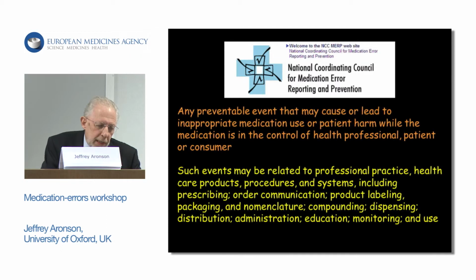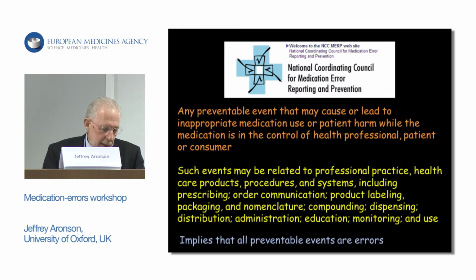The National Coordinating Council for Medication Error Reporting and Prevention says that a medication error is any preventable event that may cause or lead to inappropriate medication use or patient harm. Leaving aside the question of harm or non-harm, and the question of who is in control and who makes the error, this implies that all preventable events are errors, but that's not the case. We all know of preventable events that were not errors, and conversely, we know of errors that were not preventable.